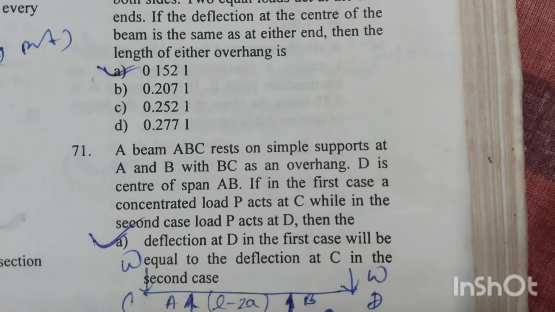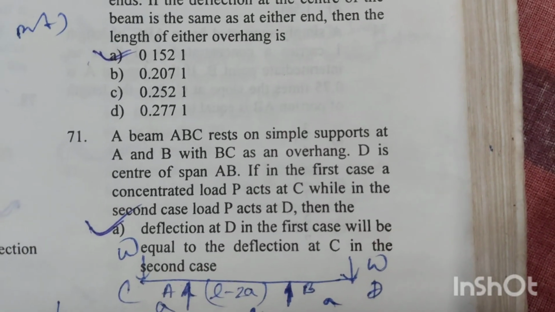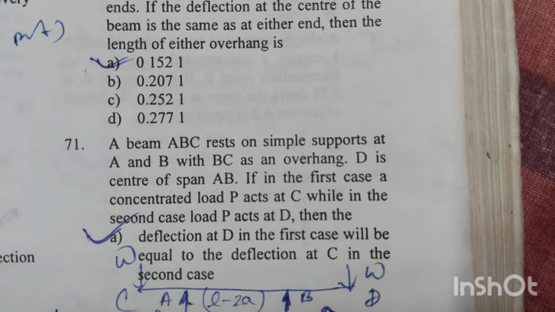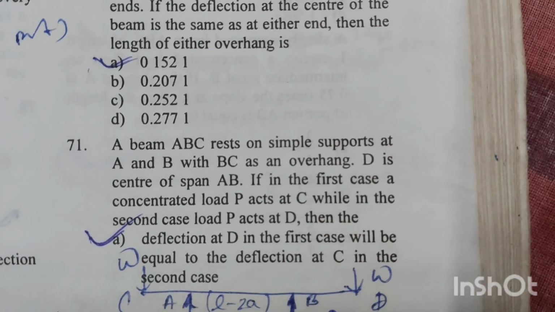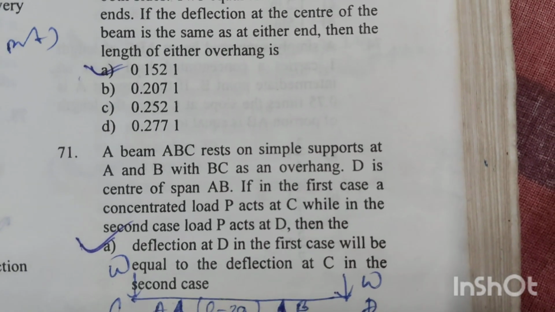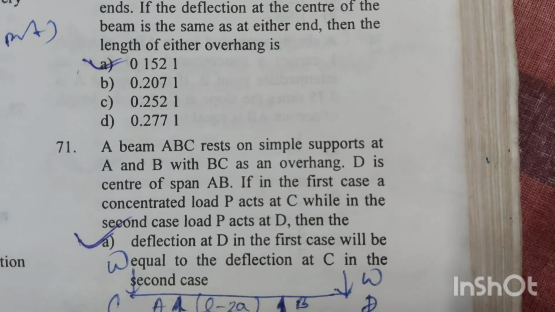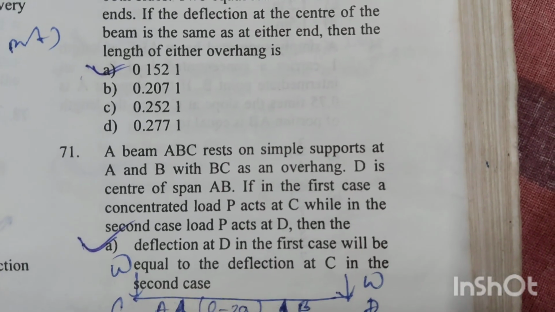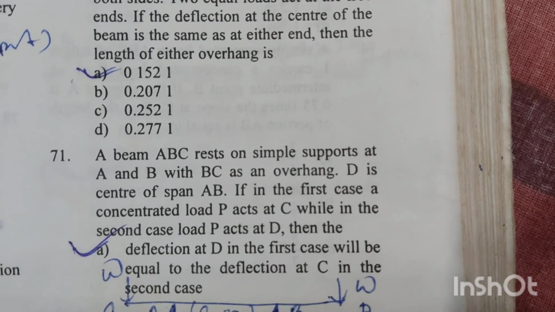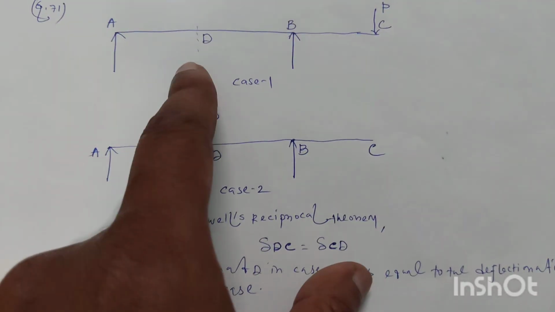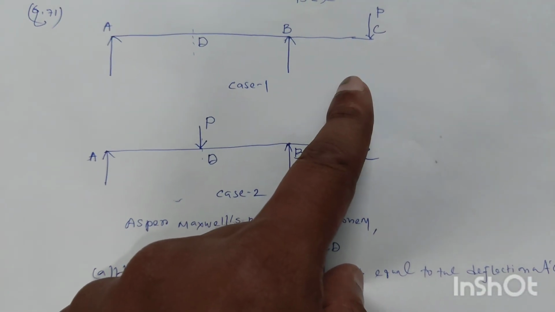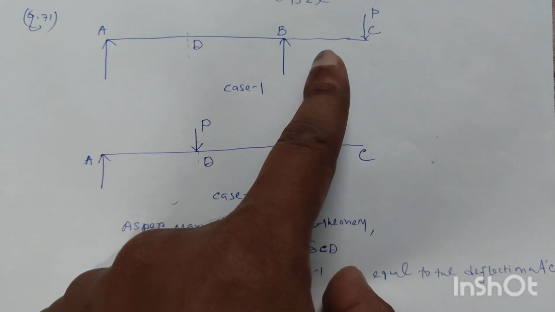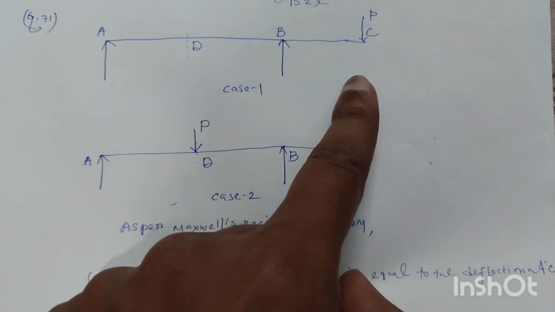Question number 71. A beam ABC rests on simple supports at A and B with BC as an overhang. D is the center of span AB. If in the first case a concentrated load P acts at C, while in the second case load P acts at D, then the deflection. For case 1, the simply supported beam AB with overhang BC is subjected to a load P at the free end.